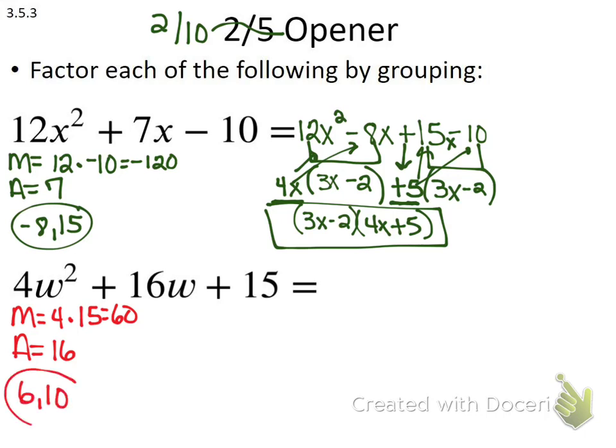Okay, so there's step 1, done. And then you rewrite it, and it's 4w squared plus 6w plus 10w plus 15. Okay, step 2 done.